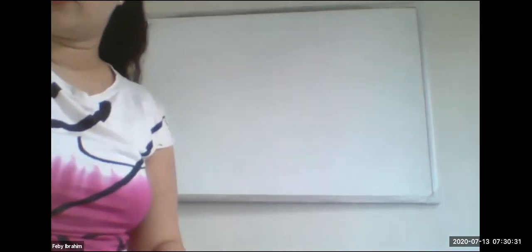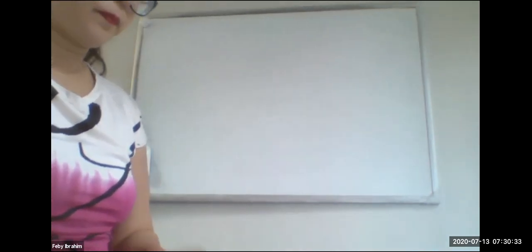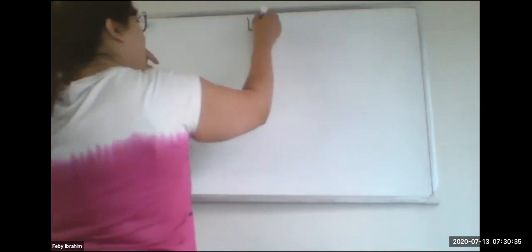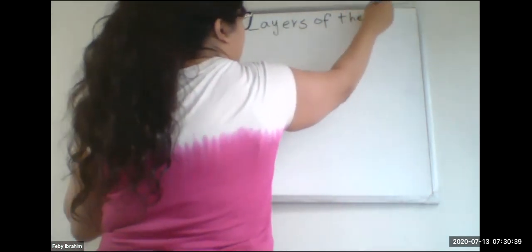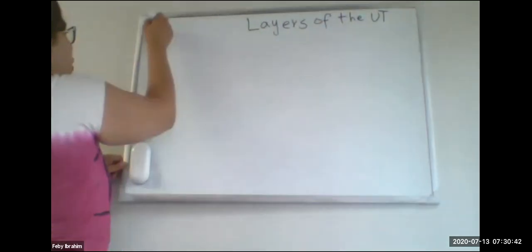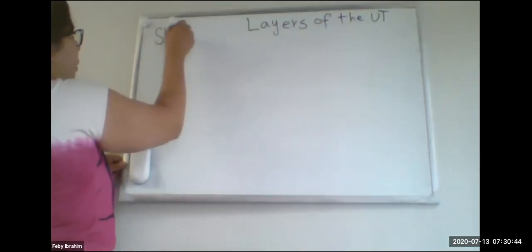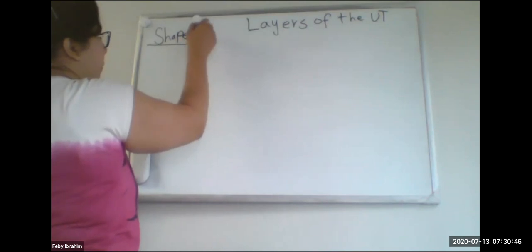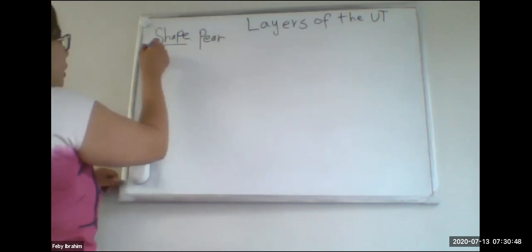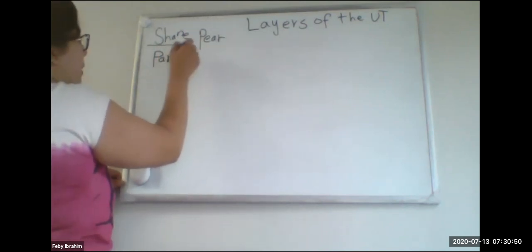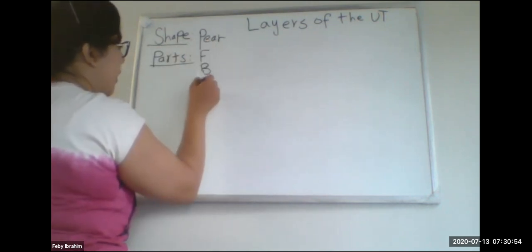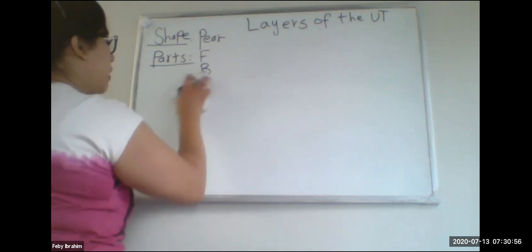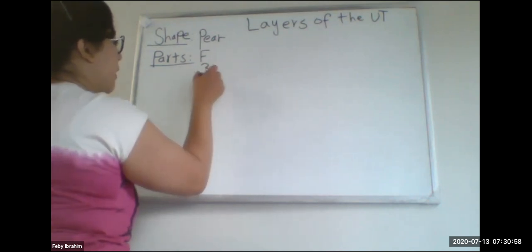Next, in your slides, you have the layers of the uterus. We talked, guys, about the shape of the uterus. We mentioned the parts of the uterus: the fundus, body, isthmus and the cervix.